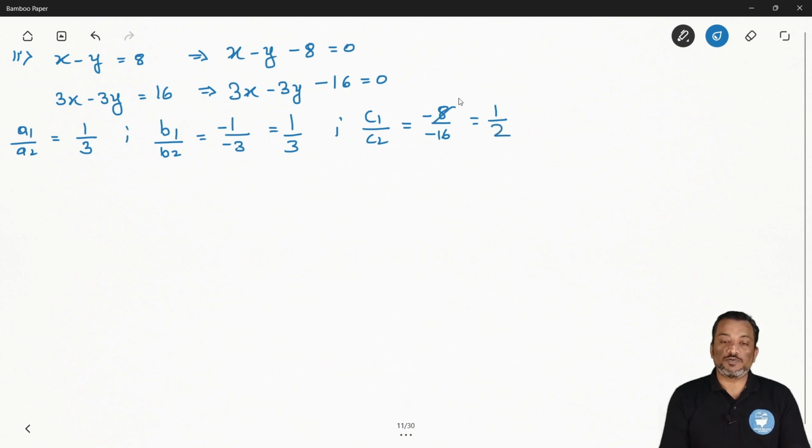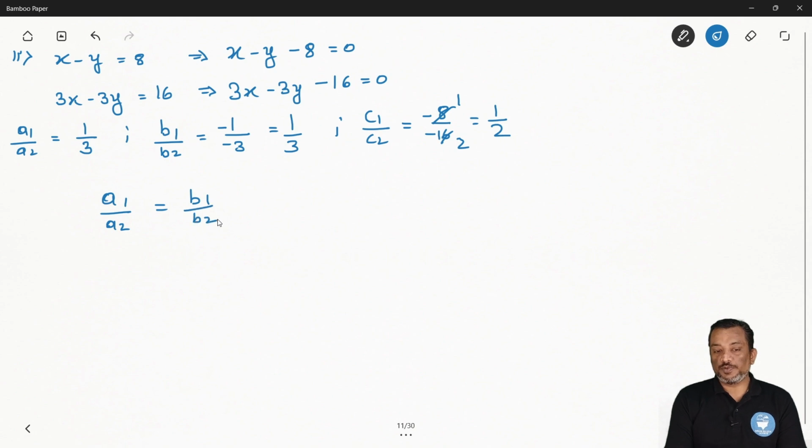Okay, so here you can say the ratios are not equal. So we can say the ratio a1 over a2 is equal to b1 over b2, but not equal to c1 over c2.